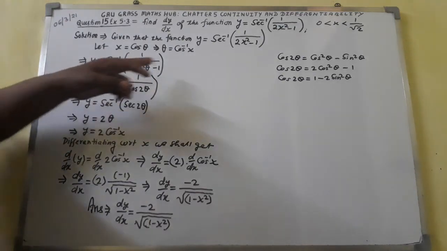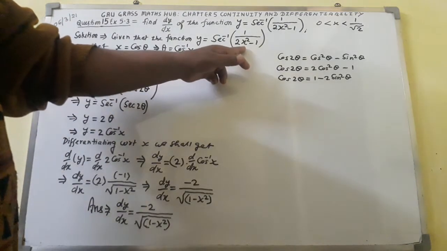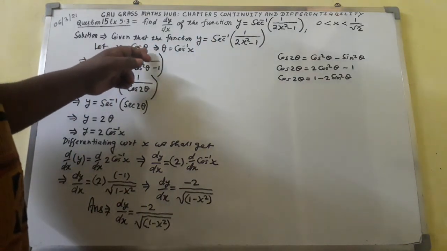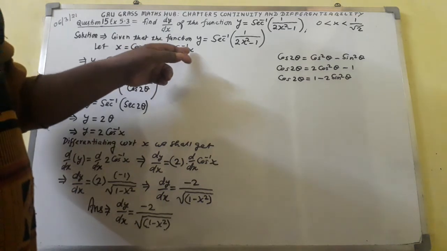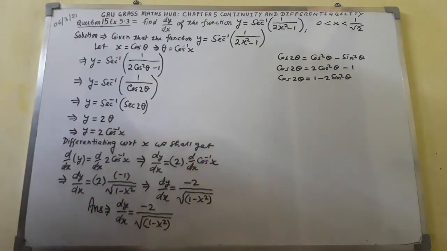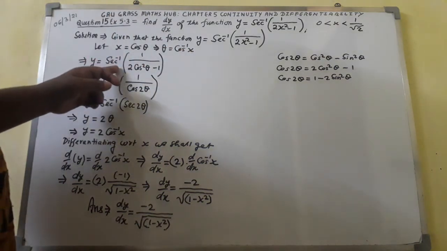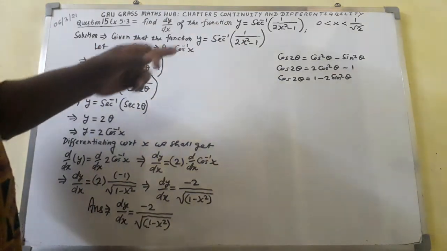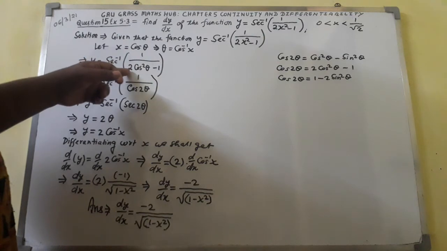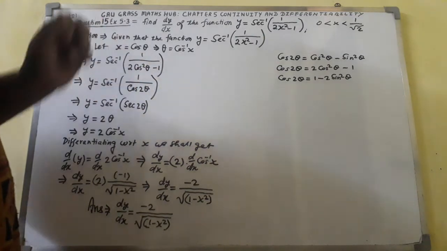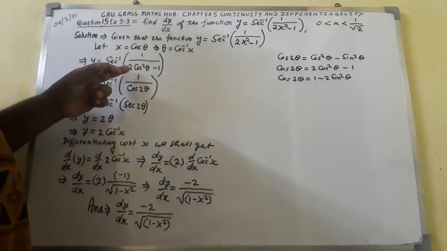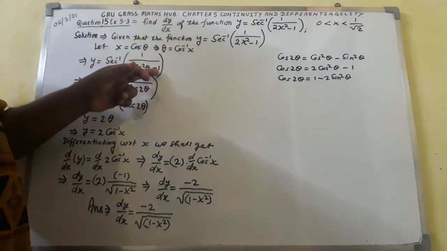Let me recap. In place of x, I shall write cos theta. So let x equal to cos theta, which implies that theta is equal to cos inverse x. Y is equal to sec inverse 1 over 2 cos square theta minus 1.